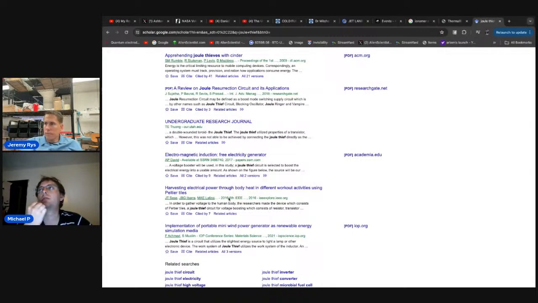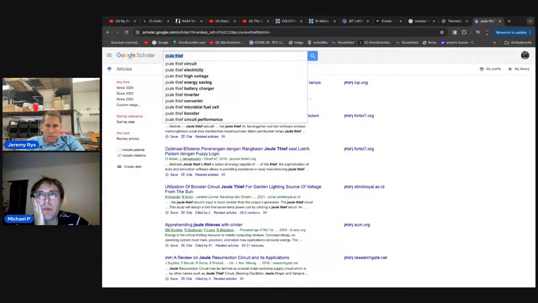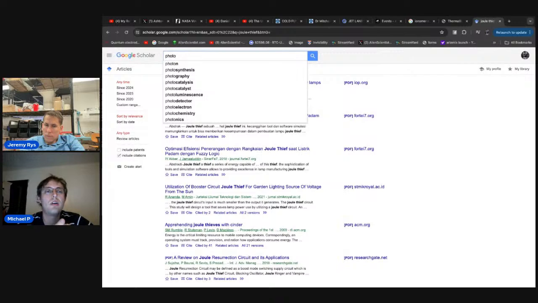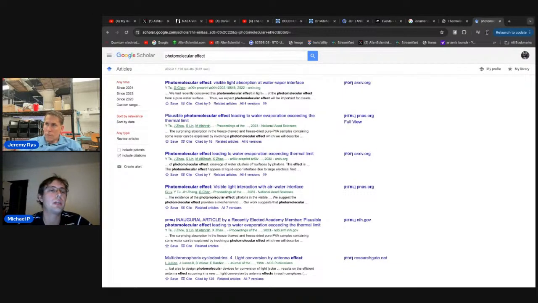So there's this new thing MIT just put out, and I think a few other papers are published so far, called, what was it? The photomolecular effect. The idea with the photomolecular effect is just like the photoelectric effect.